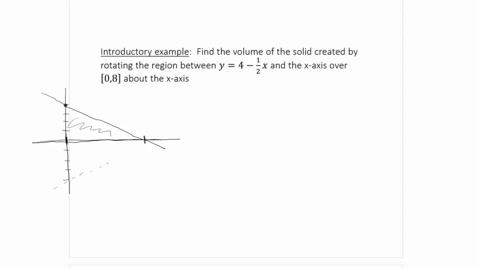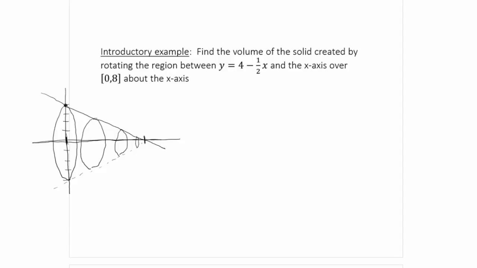And I'm going to sort of draw this dotted line here. And so what's happening is I'm taking that region and I'm rotating it about the axis. And so if you can sort of imagine what's happening here, I'm creating a three-dimensional object via this rotation. And our goal is to find the volume of that solid.